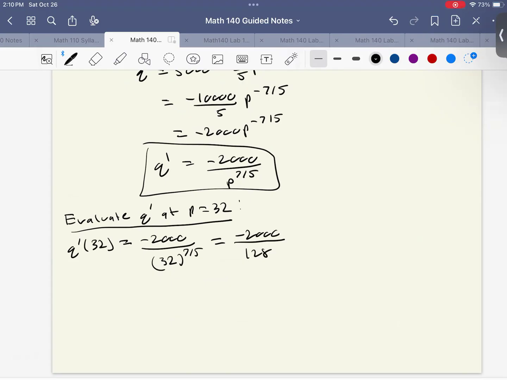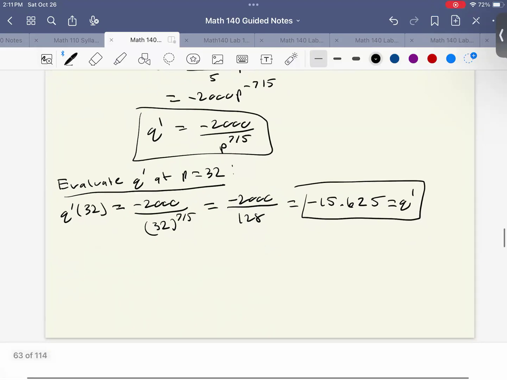Okay, so if you do this calculation, you would end up with negative 15.625. Okay, so after this, right, this is our Q prime that we put into the formula.